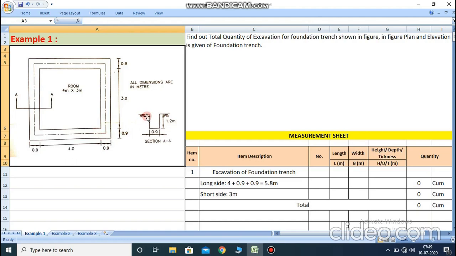See this figure. In the section part, the excavation part is shown. From the ground level, 1.2 meter depth and 0.9 meter width excavation is required. Clear? So first we start how to calculate the excavation quantity for a foundation trench by the long wall short wall method.